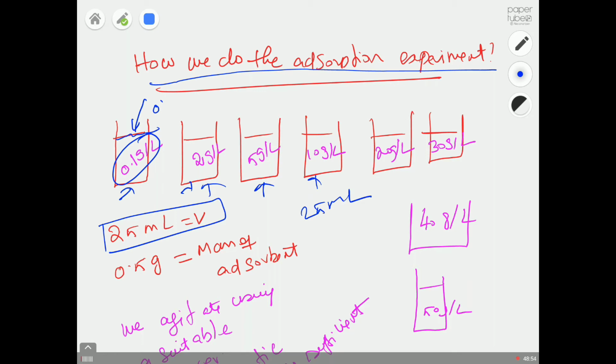So let's take it as butyric acid. Butyric acid, especially in recent years, they started to produce using fermentation.